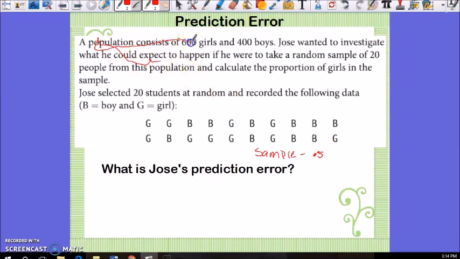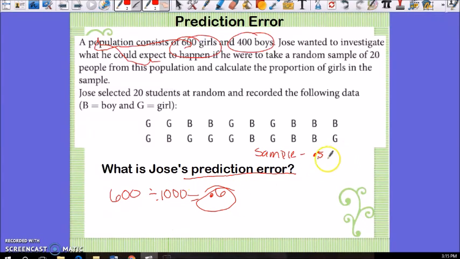We know that a population consists of 600 girls and 400 boys. So we're trying to find girls, so 600 girls divided by the whole. 600 plus 400 is 1,000. That gives us 0.6 when we divide. So now we need to find the difference in order to find the prediction error. So 0.6 minus 0.5 gives you 0.1. So our prediction error is 1/10.